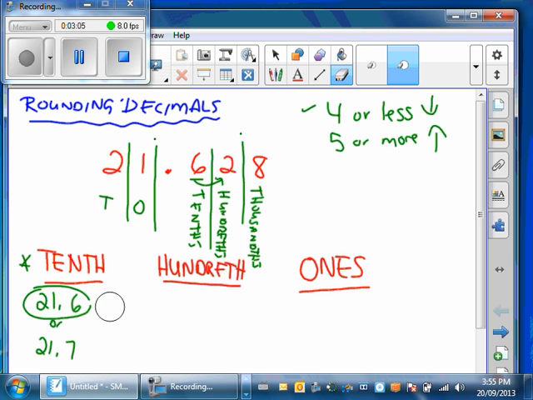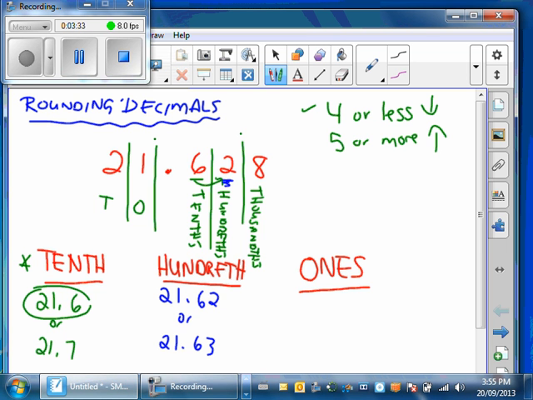Let's move on to the hundredths here. So let's identify our hundredths column. We're going to determine whether or not this is going to round up or stay the same. So the question is, does this become 21.62 or 21.63, or 21 63 hundredths? All right, let's take a look.